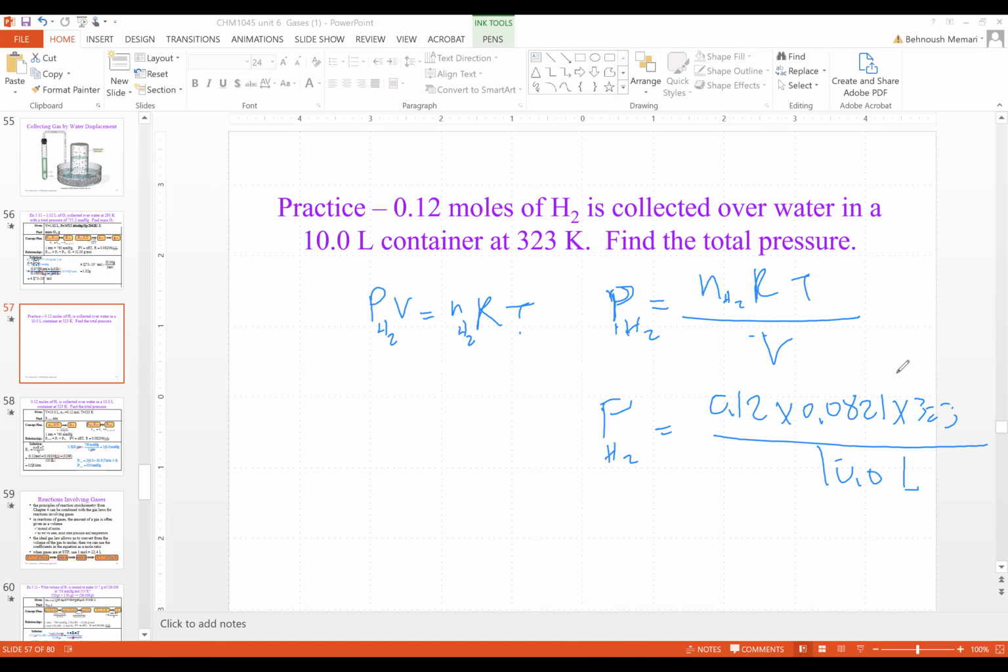Finding the pressure from the H2 is simple because we already know the ideal gas law, but finding the total pressure, which is P total, equals the pressure coming from H2 plus the pressure coming from H2O.